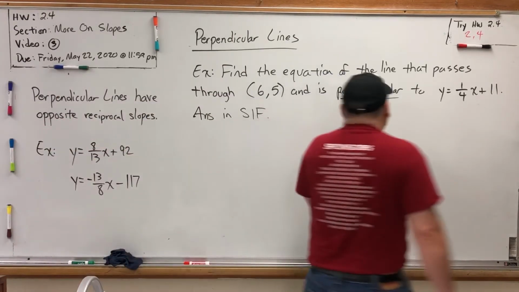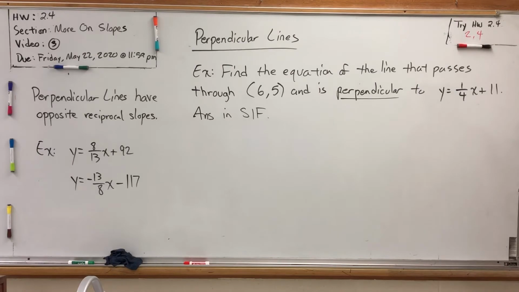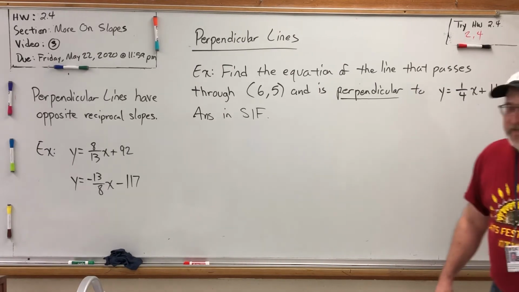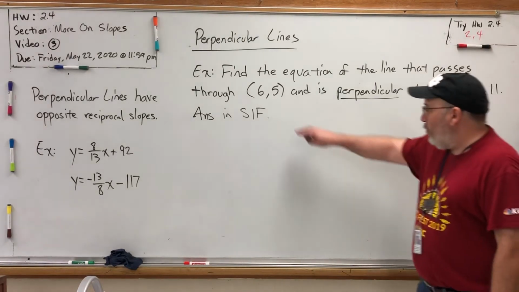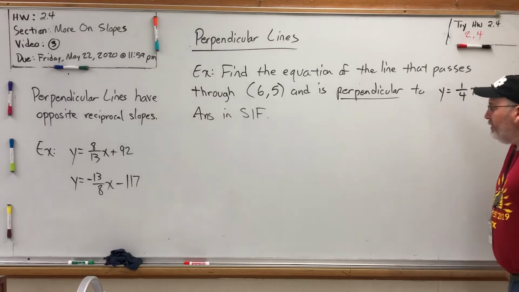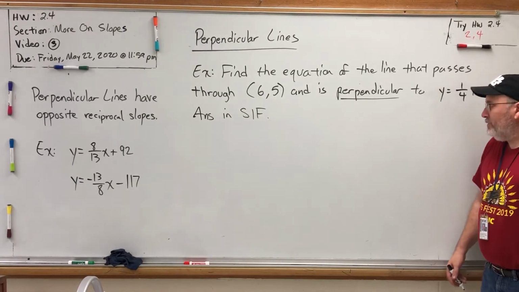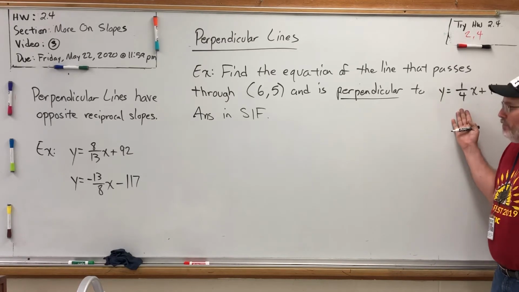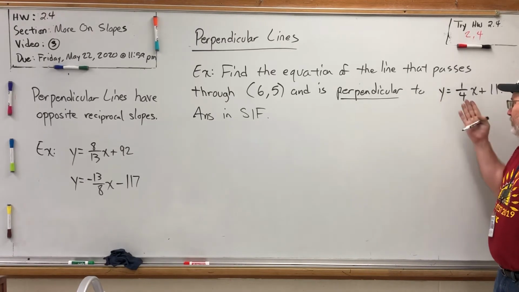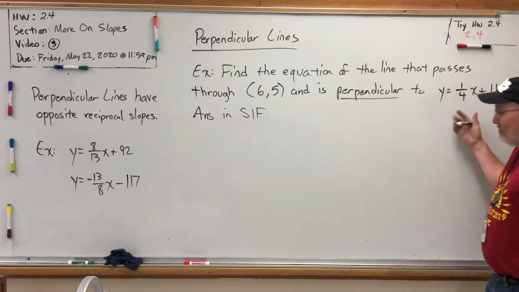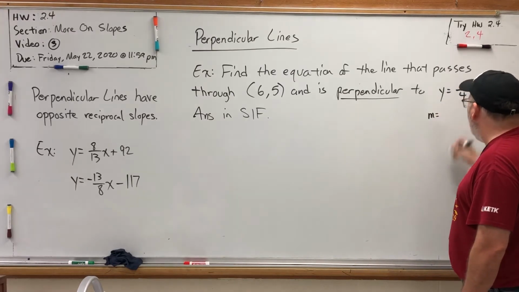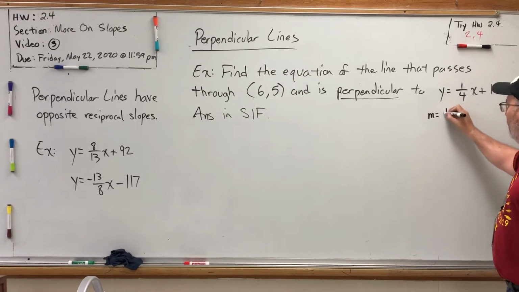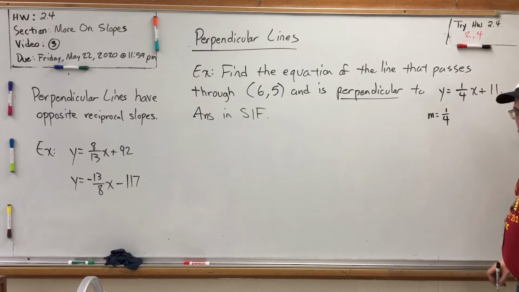So let's answer this one. If we're going to build the equation of a line, we need a point and a slope. We already have a point, we need a slope. So what do we know about the slope we want? We want the slope that is perpendicular to this slope, which means the opposite reciprocal of this slope. What is this slope? Well, this equation is already in slope-intercept form, so its slope is 1/4.